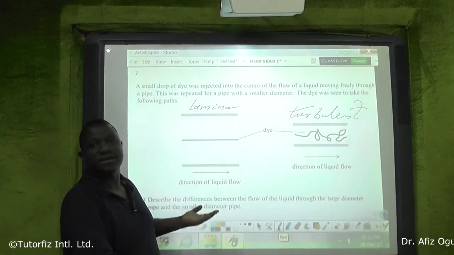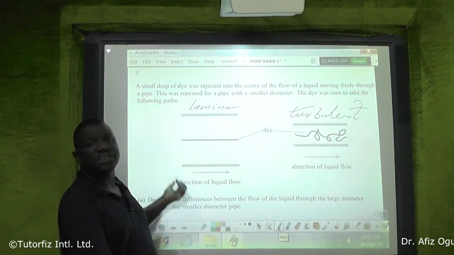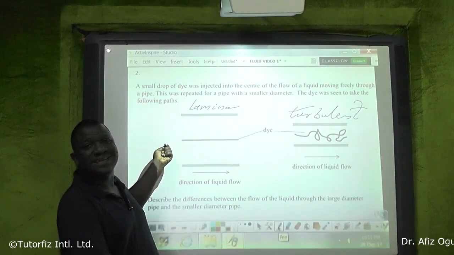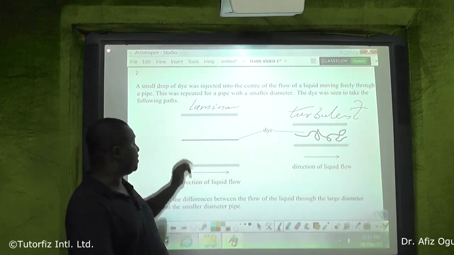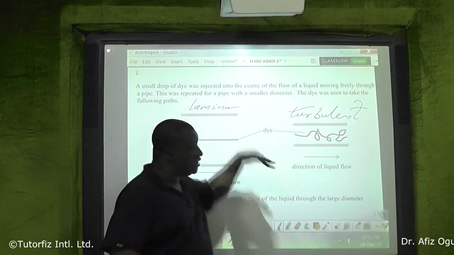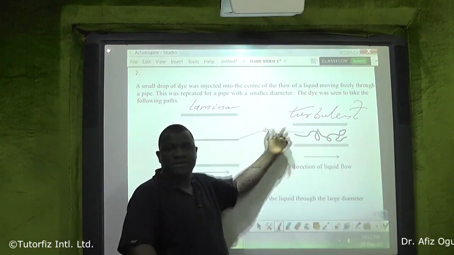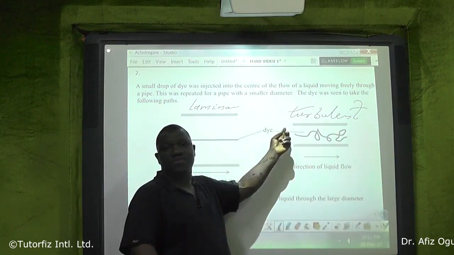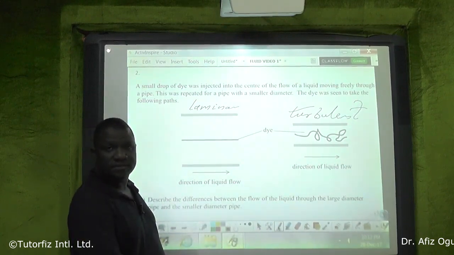If you look at a point in the water, you see change of direction here. Sudden change of direction occurs here. It does not occur here.